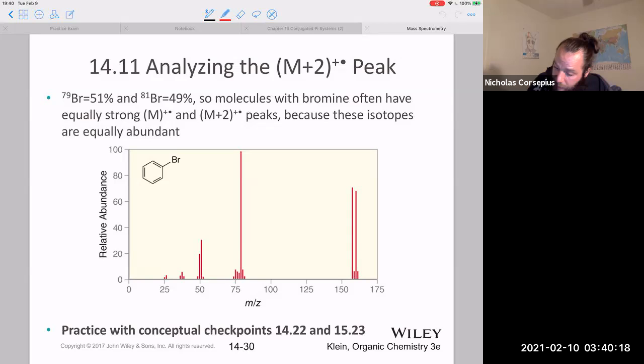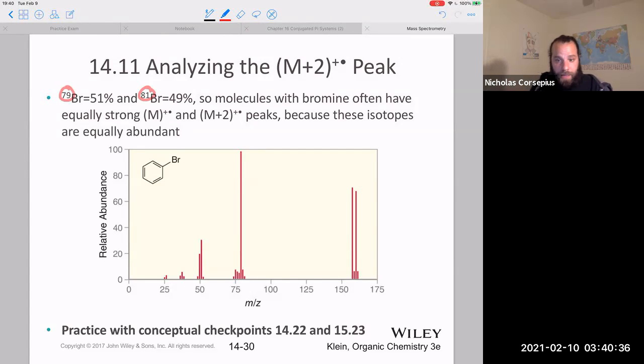Okay, again, bromine has a similar phenomenon. The bromine 79 isotope is 51%, and the bromine 81 isotope, again, 2 units apart, is at 49. It's basically a 50-50 distribution of these two isotopes out there in nature.